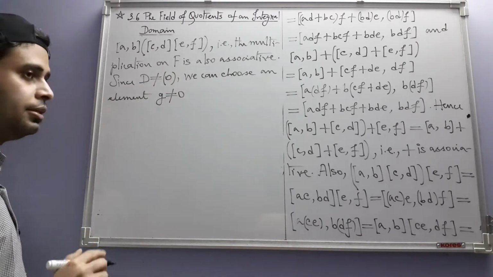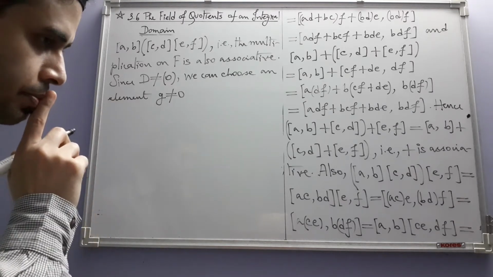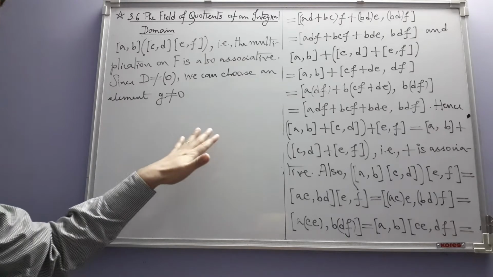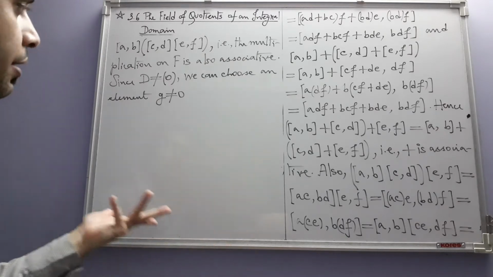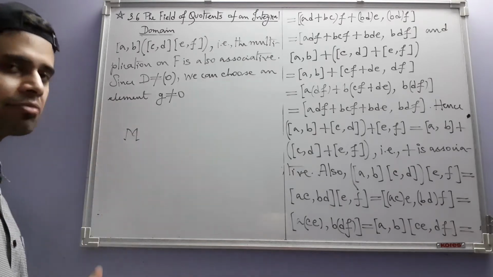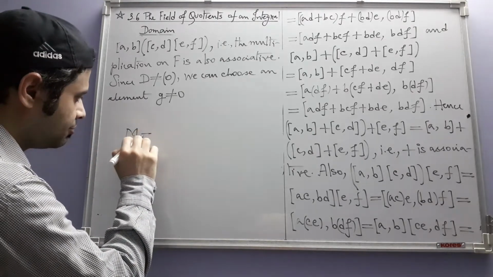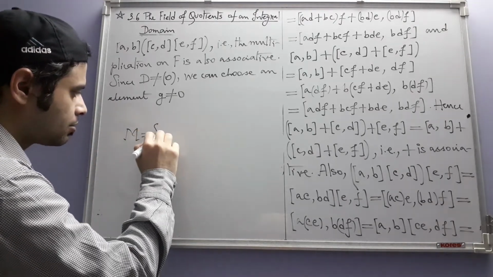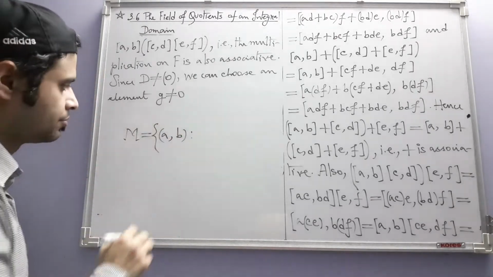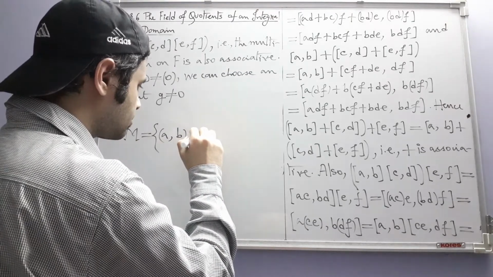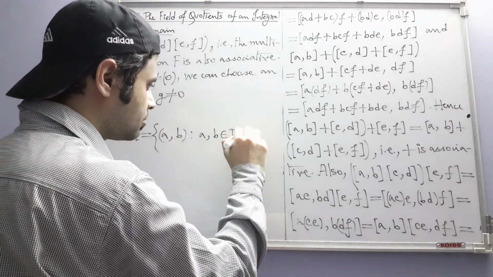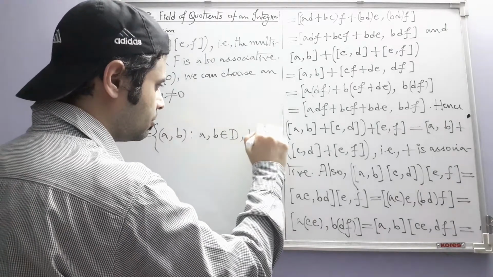Oh, by the way, the fact that we have non-zero elements in D allows us to have the set M in the first place, because if you remember, M is the set of those ordered pairs where the second coordinates are all non-zero.